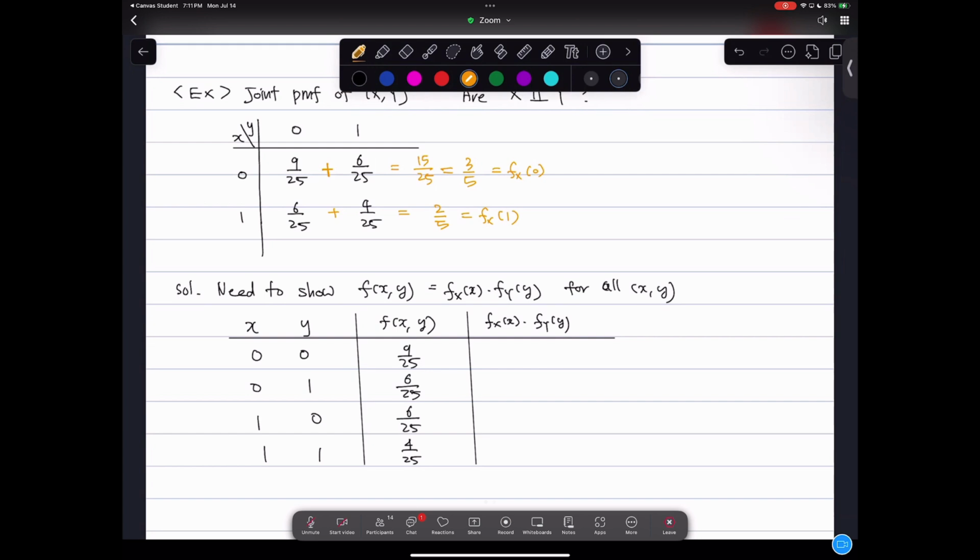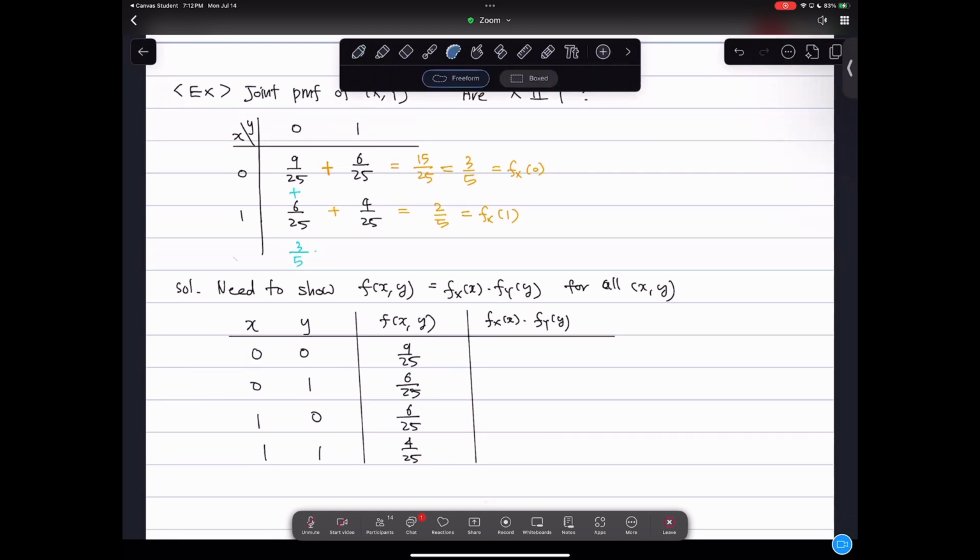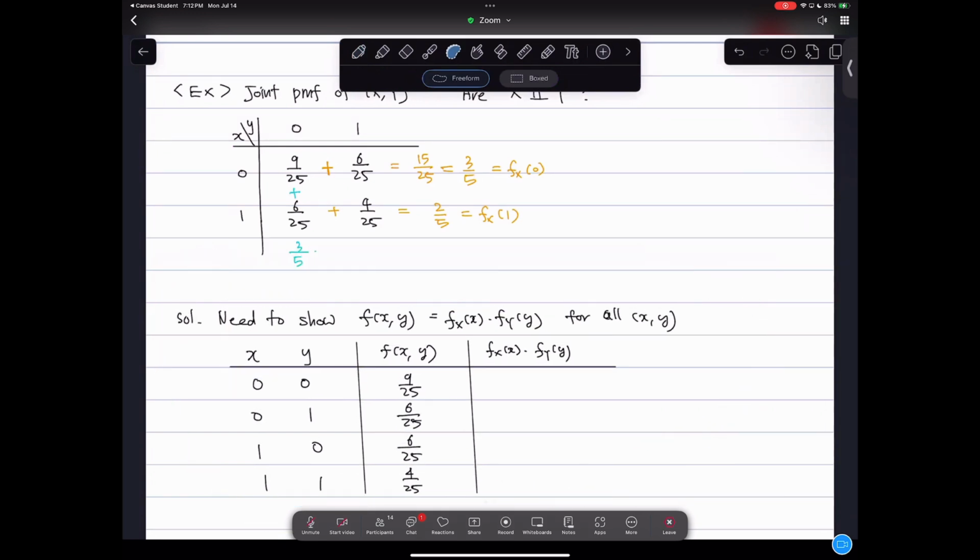Adding these two numbers together, that's 15 over 25, which is 3 over 5. So this is my f of y of 0. And adding these two together, 2/5 is my f of y of 1. So I have my marginals.